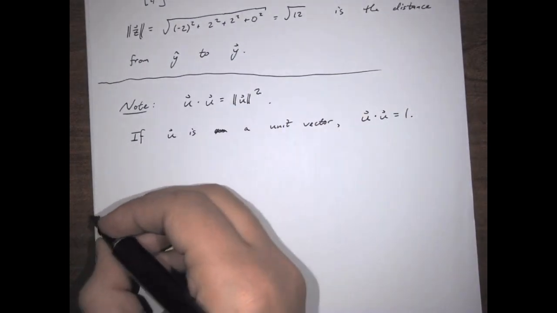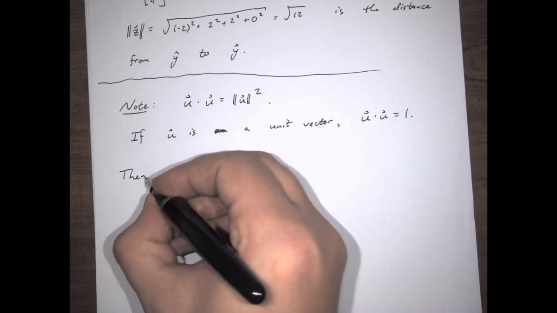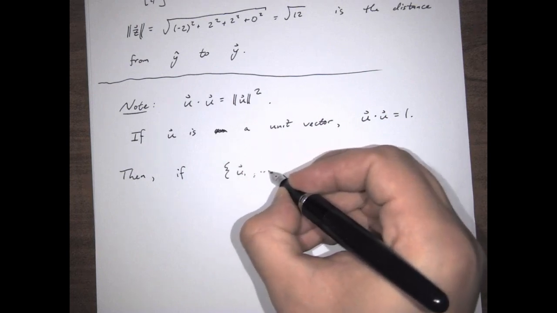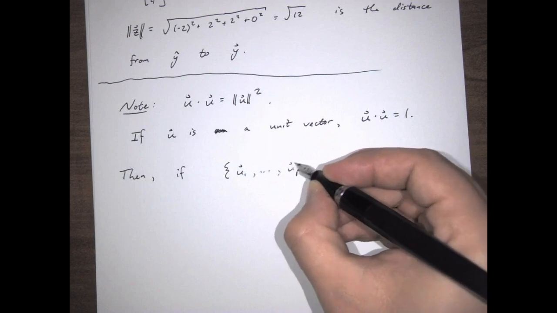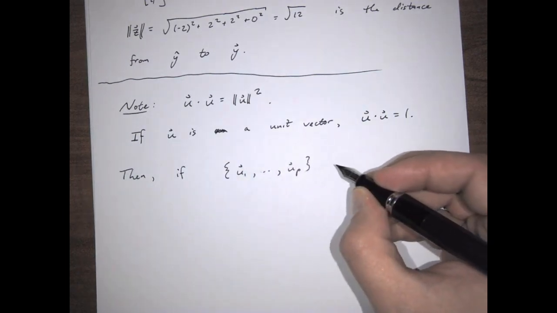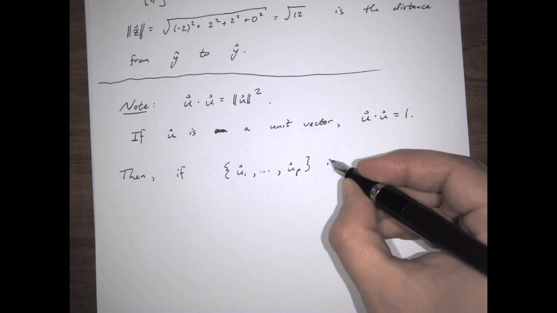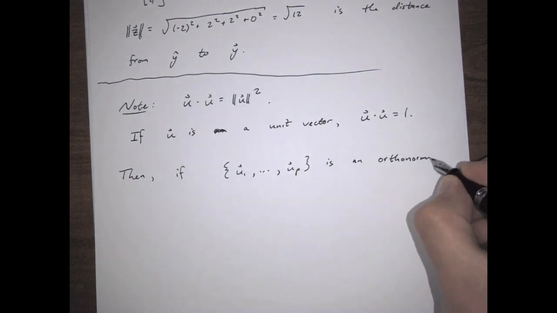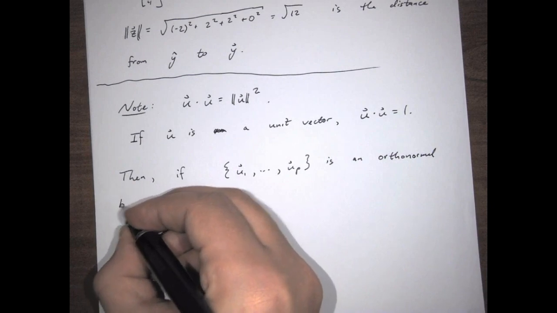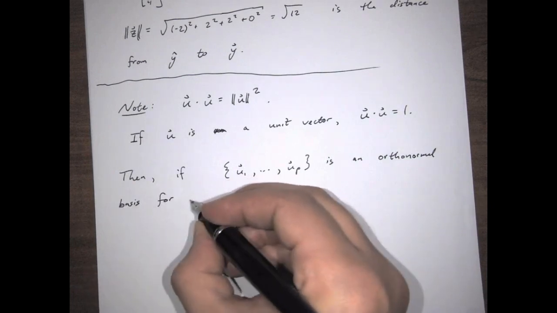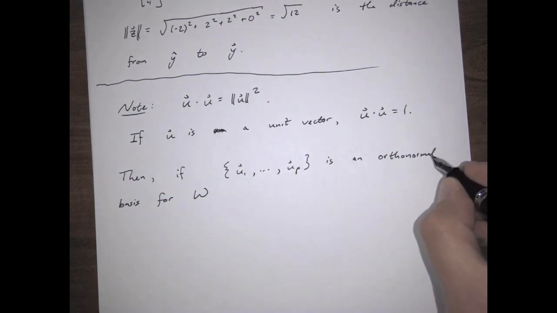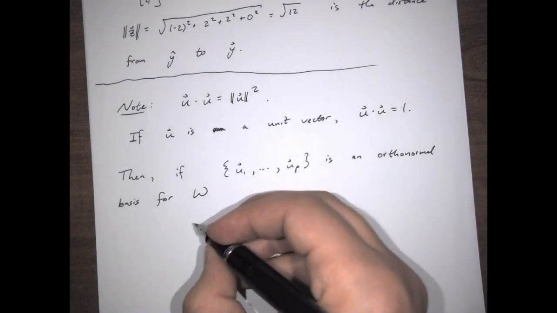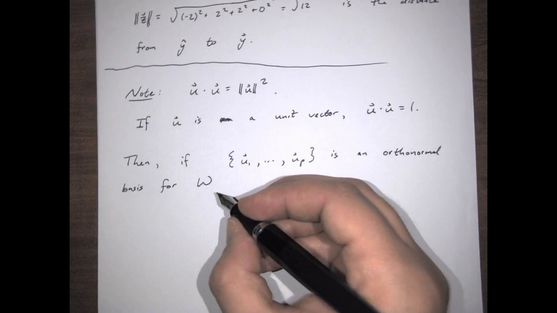Now, what that means then, if the U1 up to UP is not just an orthogonal basis, but is an orthonormal basis, so in other words, has all unit vectors in its set.